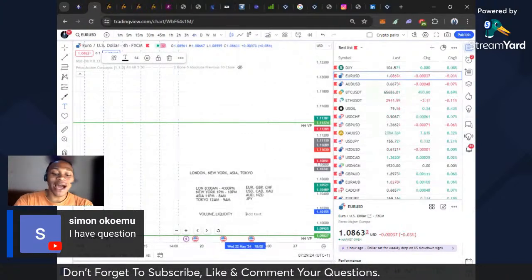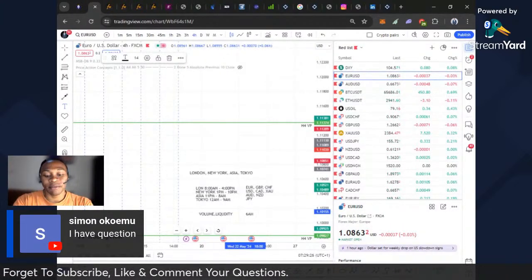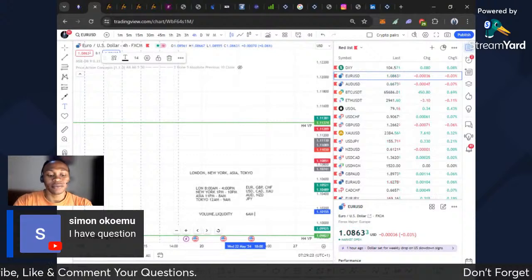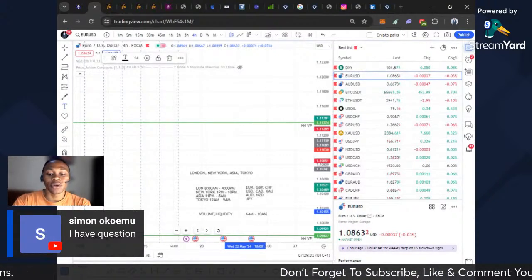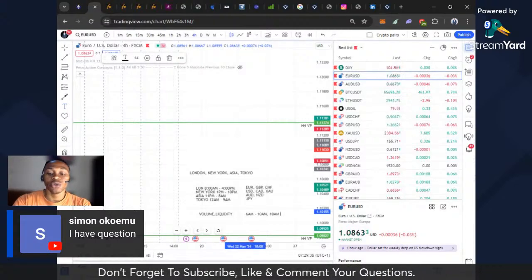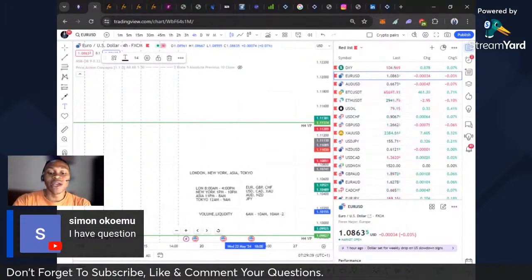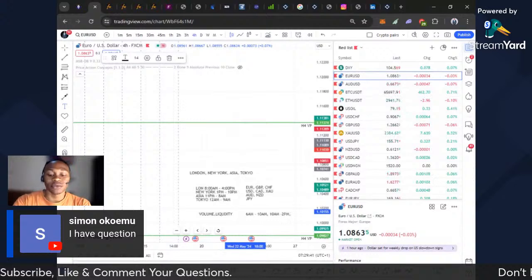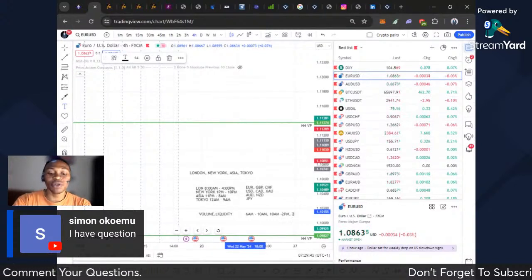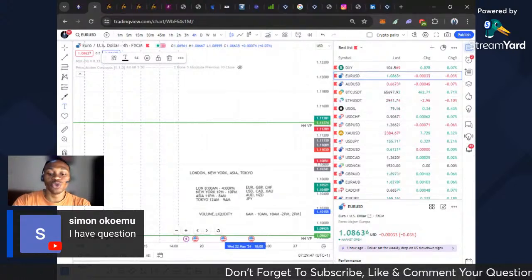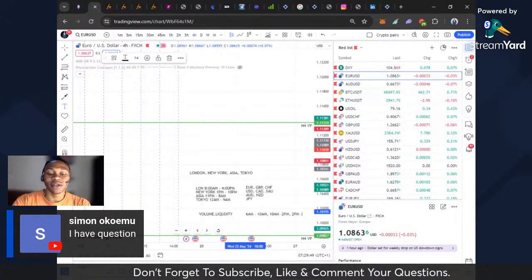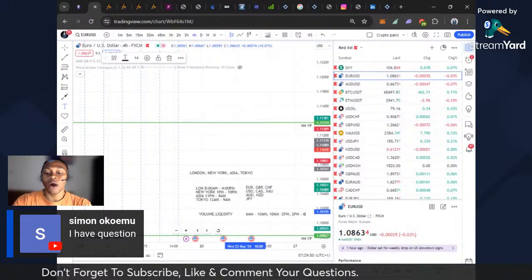So we have the 6 a.m. to 10 a.m. 4-hour candle. We have the 10 a.m. to 2 p.m. 4-hour candle. We have the 2 p.m. to 6 p.m. 4-hour candle.